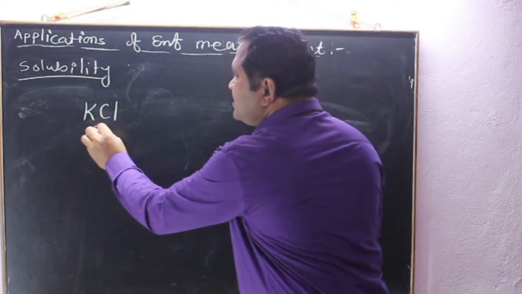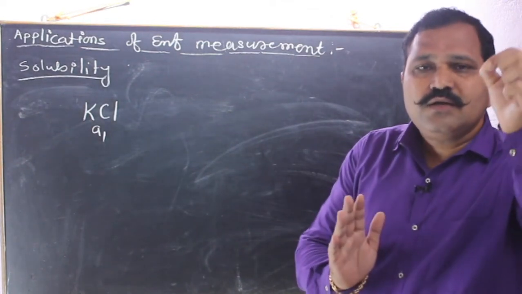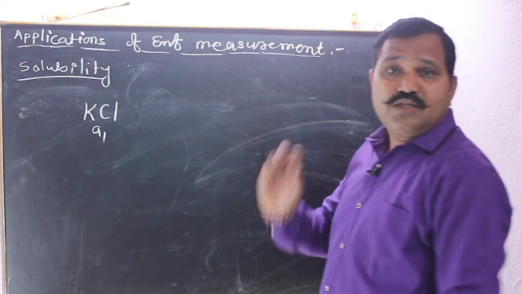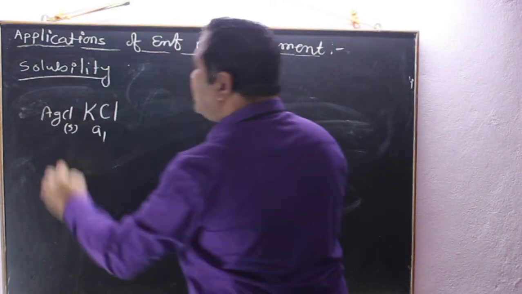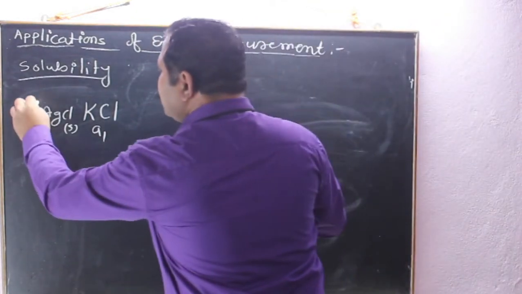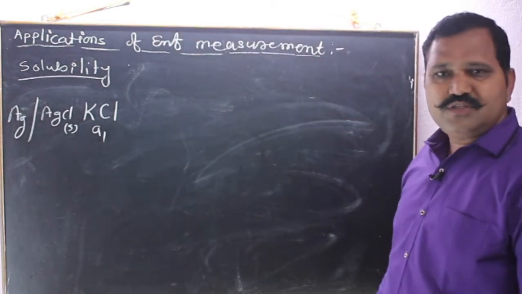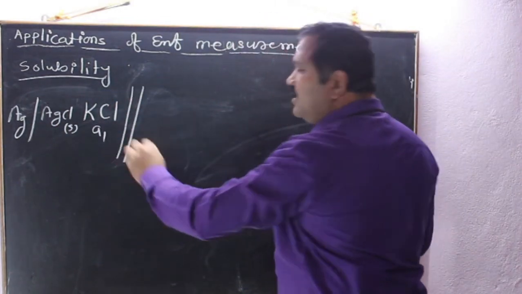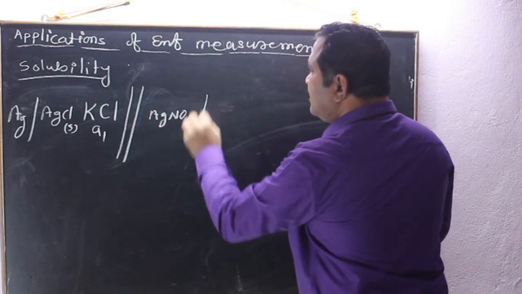Suppose activity of KCl is A1, and in that KCl solution we are adding a few drops of AgNO3 solution, due to which there is a formation of solid AgCl. Okay, and we are immersing, we are dipping a silver electrode in it, and the same electrode by using a salt bridge, here AgNO3 Ag.